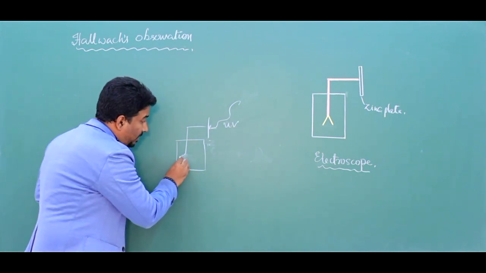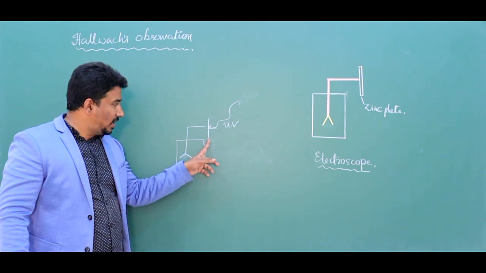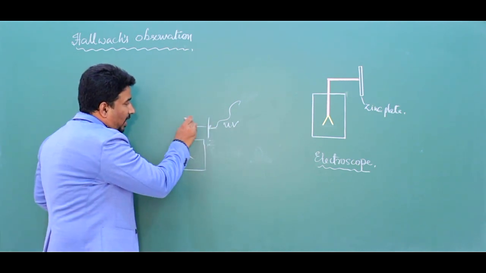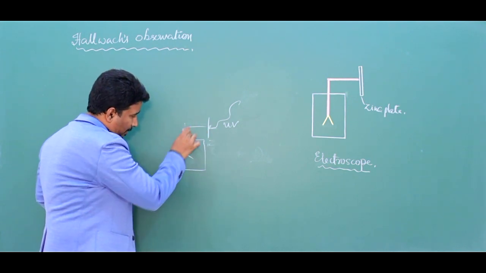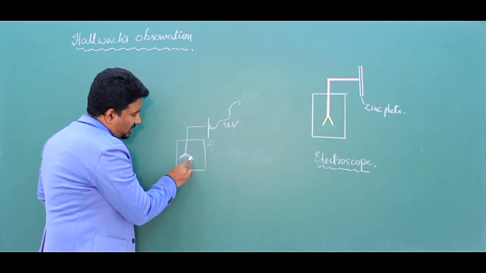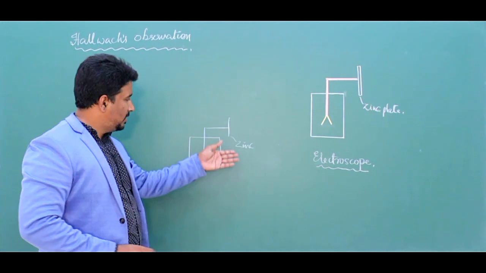There is a deflection. That shows whenever UV radiation falls on the zinc, the negative charges from the zinc are emitted and those charges come.